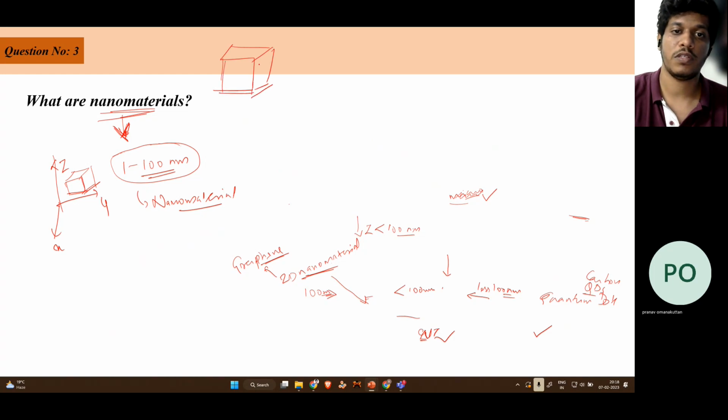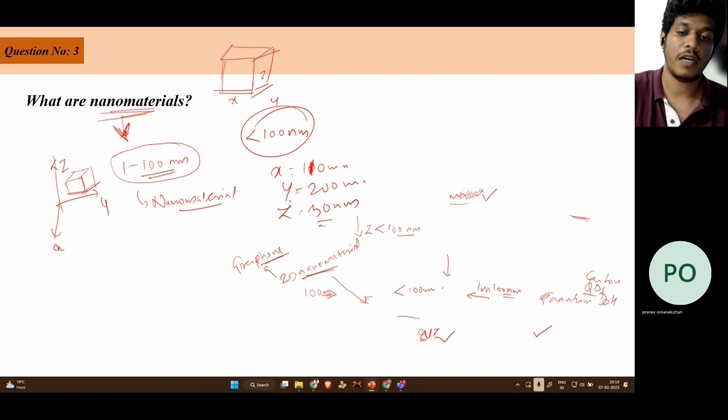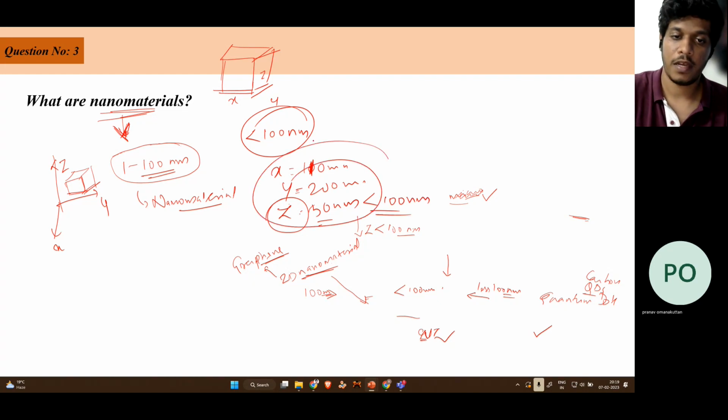If one of the dimensions of a material, either x, y, or z, has its length less than 100 nanometers. Say x has a value of 100 nanometers, y has a length of 200 nanometers, but z has a length of 50 nanometers. So you can see here that at least one of the dimensions has its value less than 100 nanometers. Then this kind of material is called a nanomaterial.